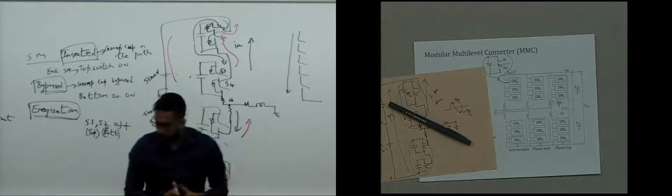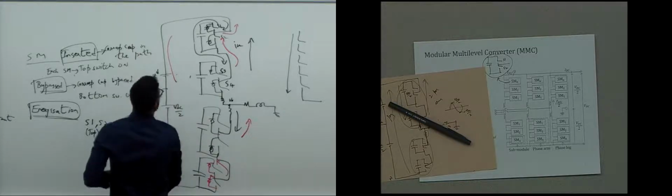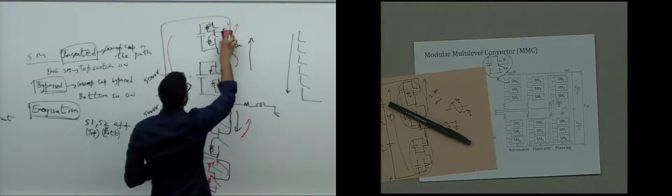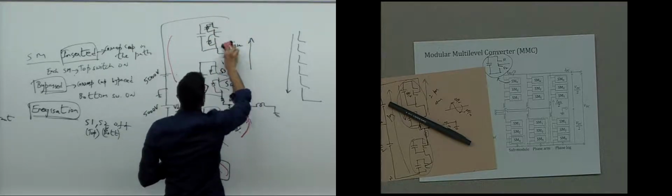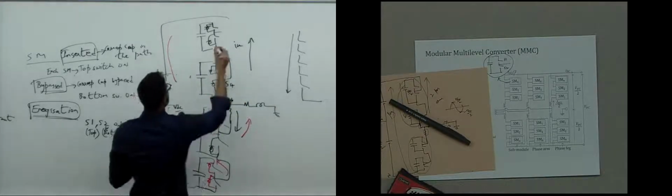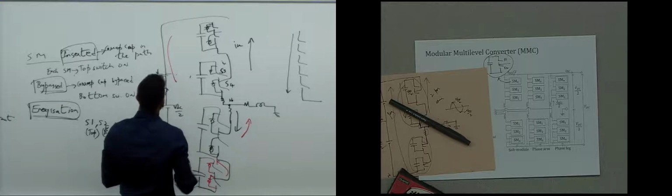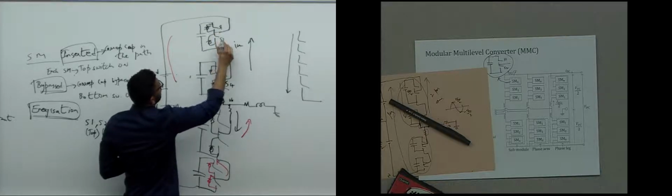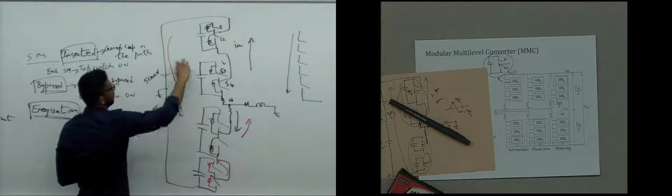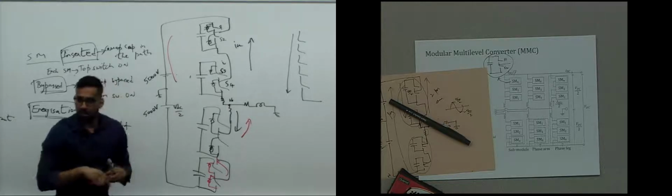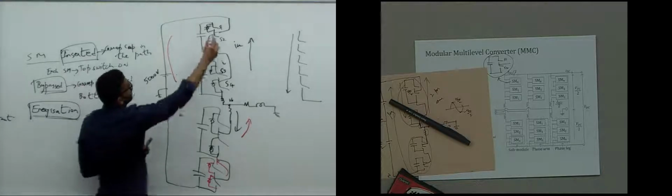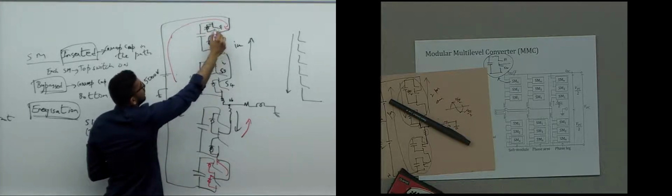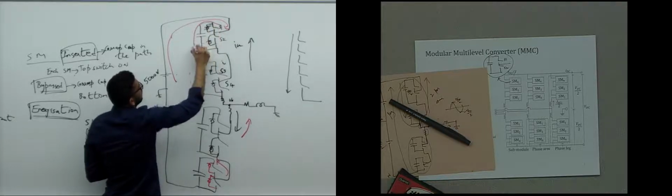So let me make this diagram a little neater. Okay, let's see what happens when both modules are inserted, and the current direction is inward like that. When S1 is on and the current direction is like that, either the diode conducts or S1 conducts and the capacitor is inserted like that, okay.